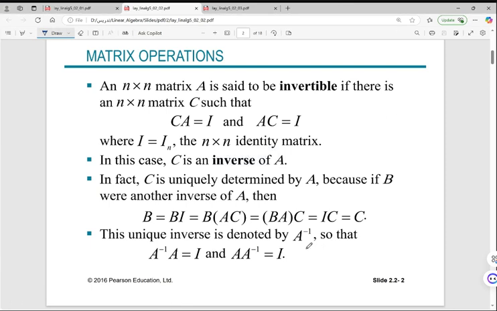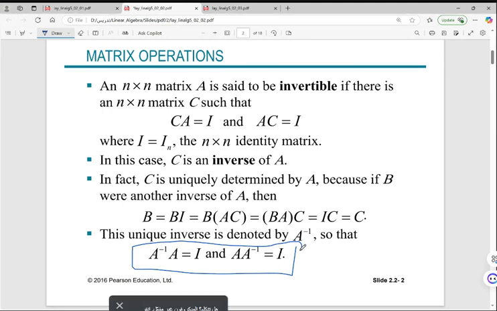So we call this unique inverse A minus 1. So A minus 1 is the unique inverse of matrix A. So we have these properties.